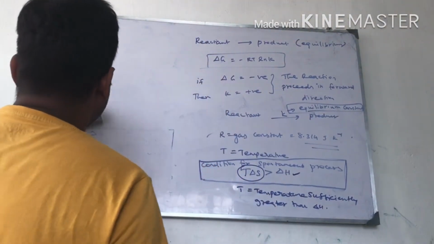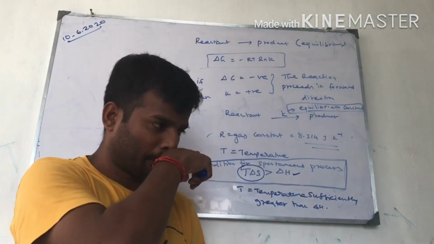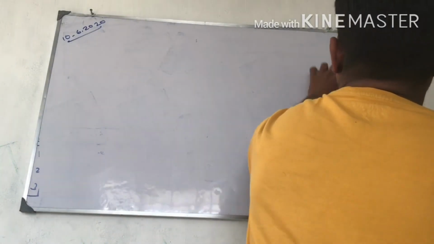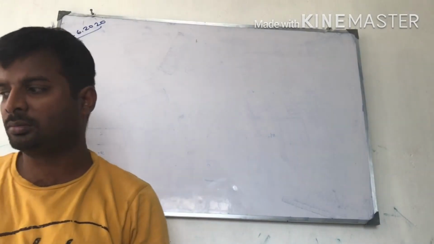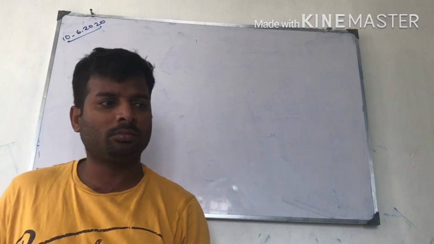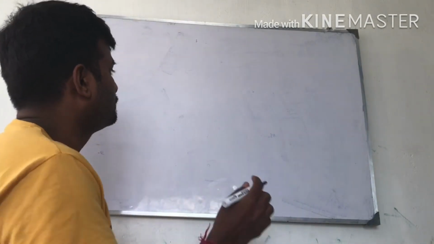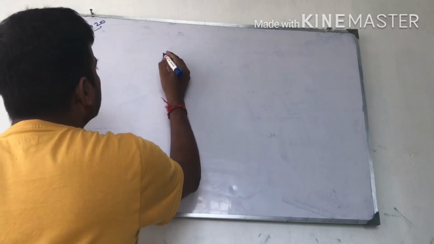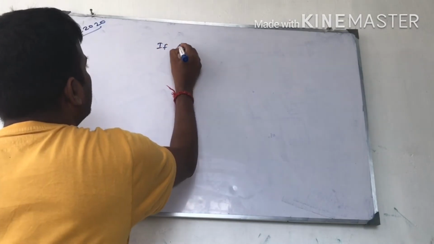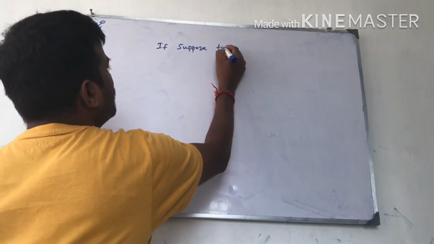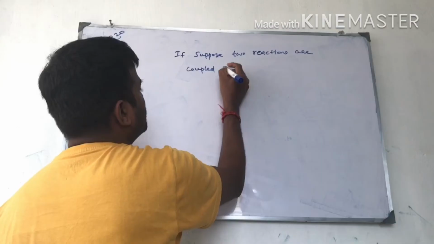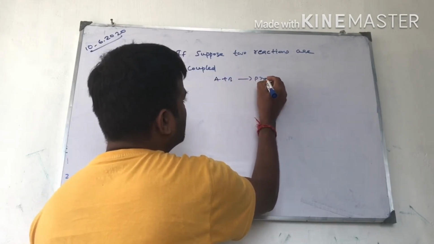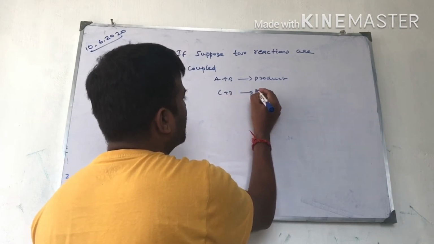Now an important thing: suppose two reactions are coupled, like A plus B giving product, C plus D giving product.